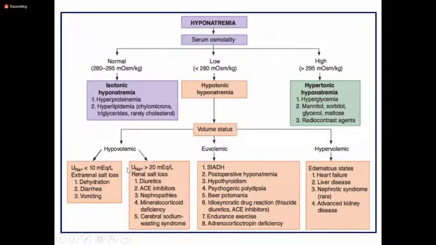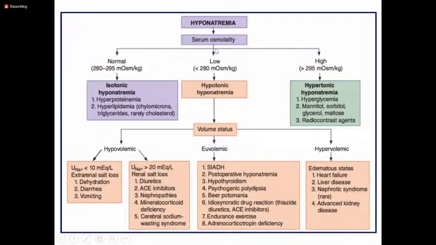So most of the times when you discuss hyponatremia, what will be discussed commonly is hypotonic hyponatremia, this part of the diagram. But that doesn't mean that you forget about patients who have hypertonic hyponatremia or isotonic hyponatremia.